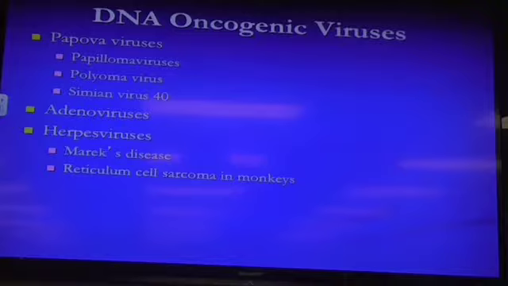Papillomavirus is very common in our domestic species. Adenoviruses can cause some tumors, not so much in veterinary medicine, but more so in human medicine. And this is one of those vectors they use in lab animal medicine, which can cause tumors, and herpesviruses.